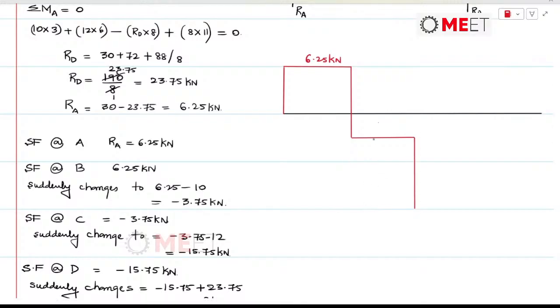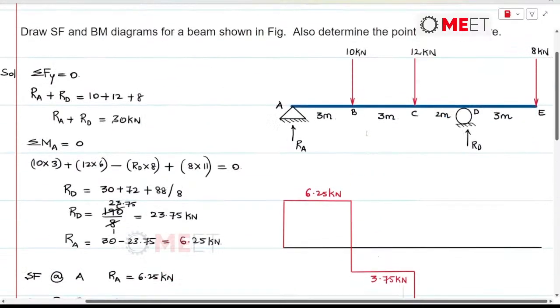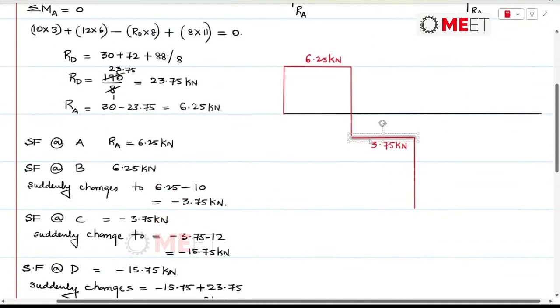So this was 3.75, and from C to D that is maintained.